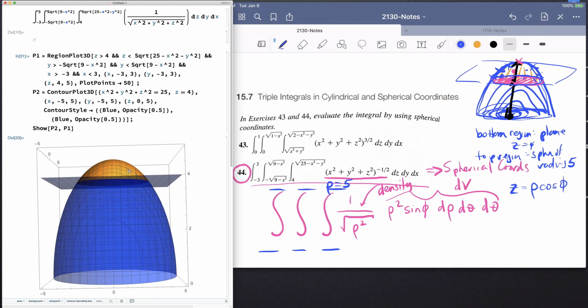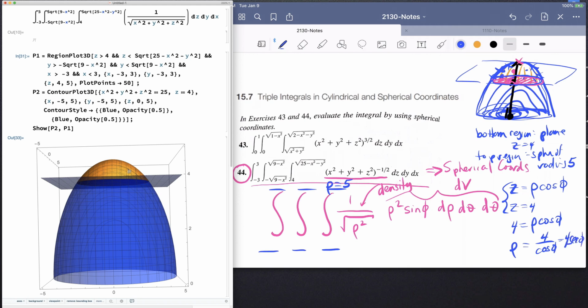And so if z is also equal to 4, we can put these two ideas together to get 4 equals rho cosine of phi, and rho is equal to 4 over cosine of phi, otherwise known as 4 secant of phi.